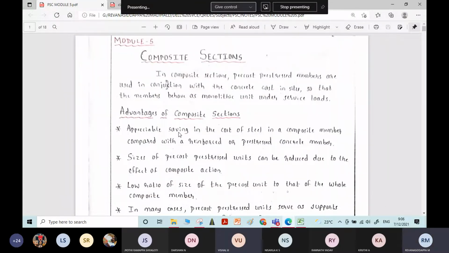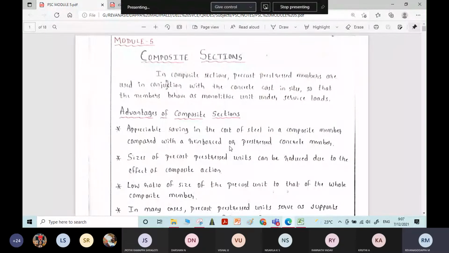Okay, the precast element will be cast in the casting yard, and those precast elements will be placed between the piers.